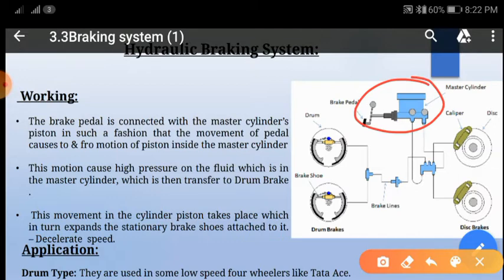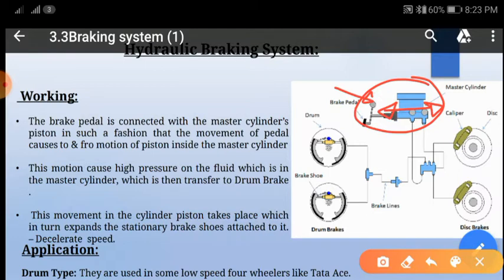The brake pedal is connected with the master cylinder in such a way that when we apply pressure on this brake pedal, it makes the piston move to and fro. In this direction the piston motion occurs, and because of this motion the mechanical force is converted into hydraulic pressure in the master cylinder.